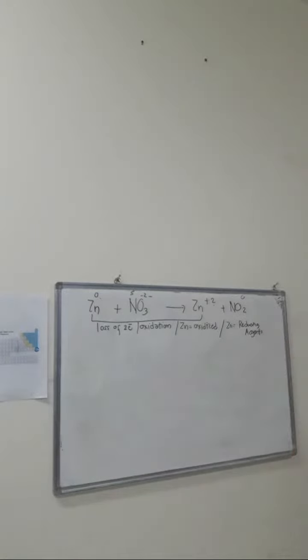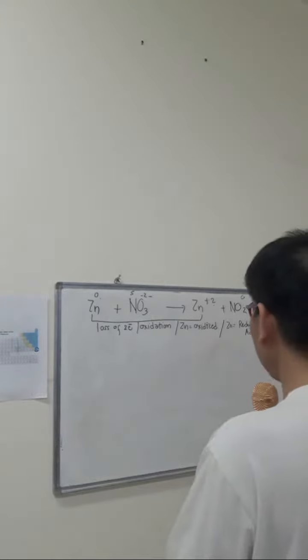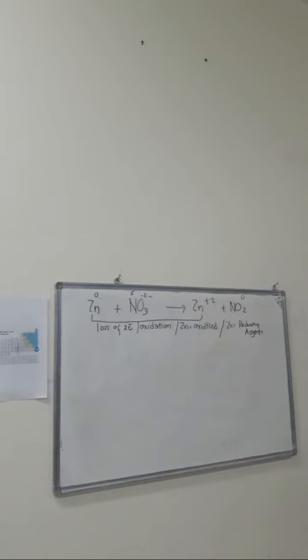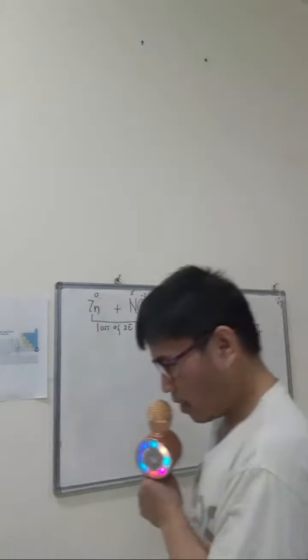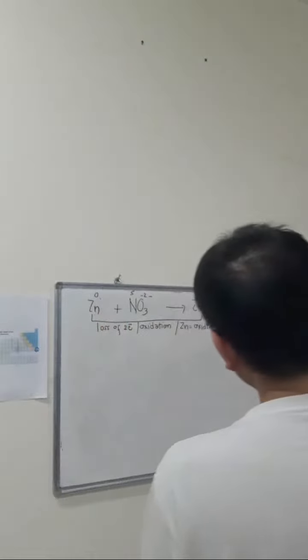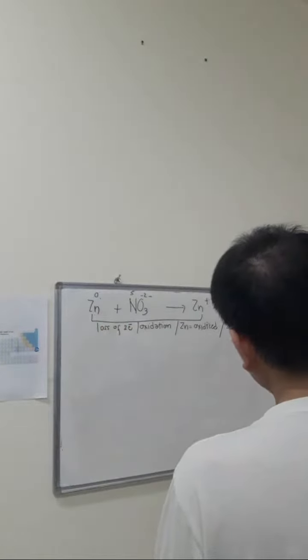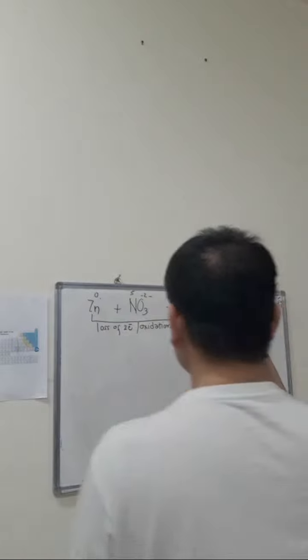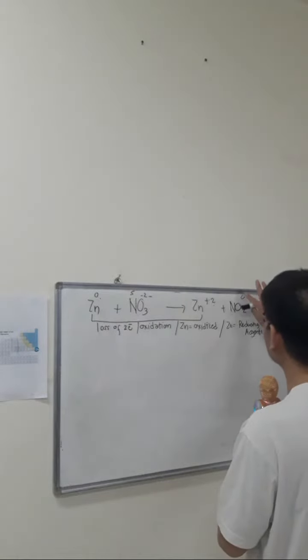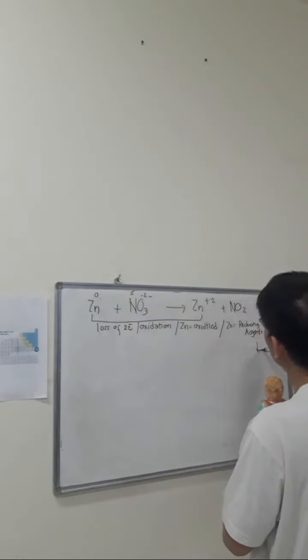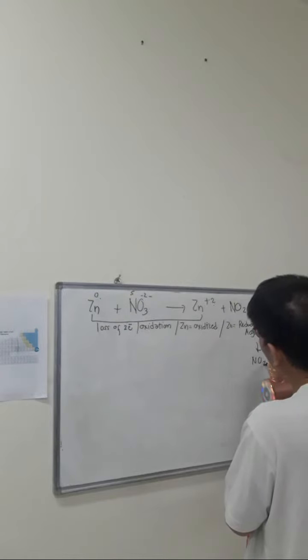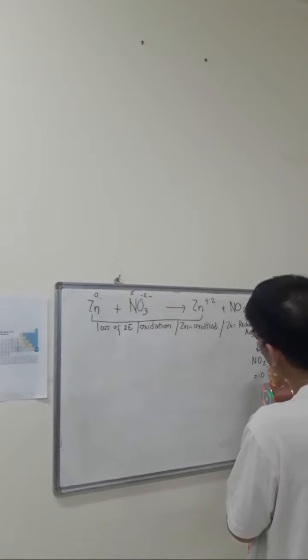Nitrogen dioxide, with O2. Let's try this one. The overall charge of the nitrogen oxide is 0, so it is equal to 0.